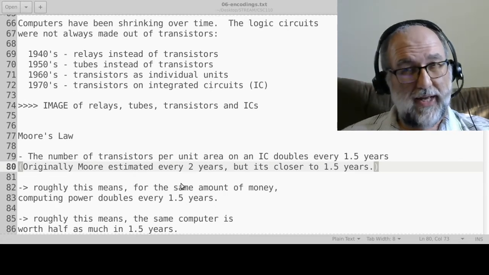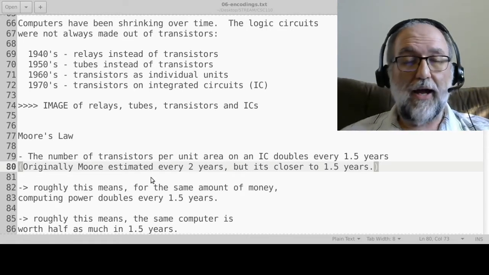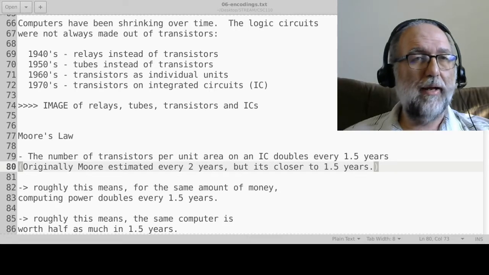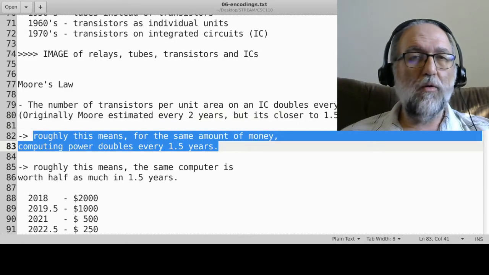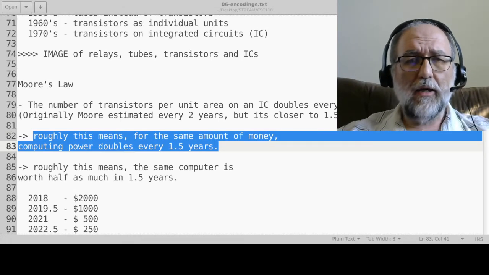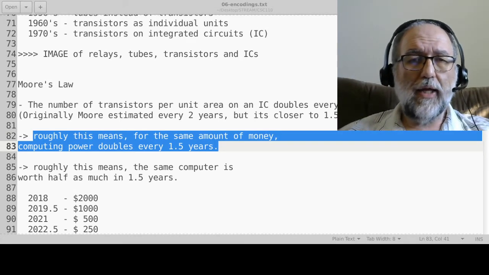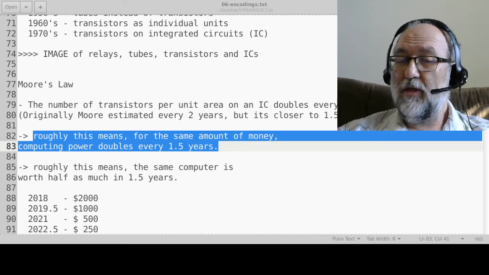But nonetheless, it has had some repercussion in terms of how much computers cost. Let me explain why. Basically, one of the things that you conclude from Moore's law is that with the same amount of money, the amount of computing that you get if you wait a year and a half is going to be double.